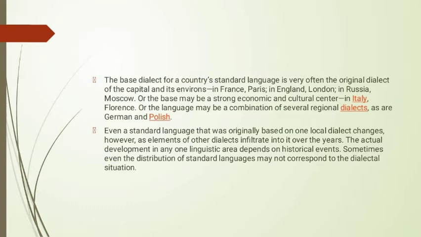Or the language may be a combination of several regional dialects as are German and Polish. Even a standard language that was originally based on one local dialect changes, however, as elements of other dialects infiltrate into it over the years. The actual development in any one linguistic area depends on historical events.